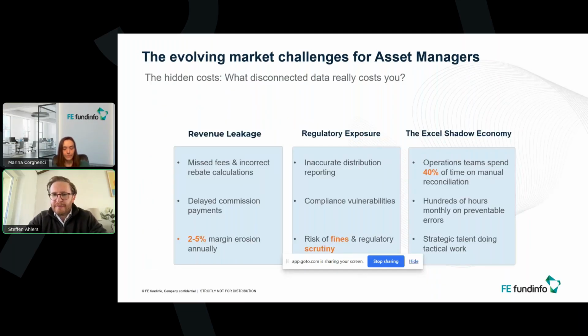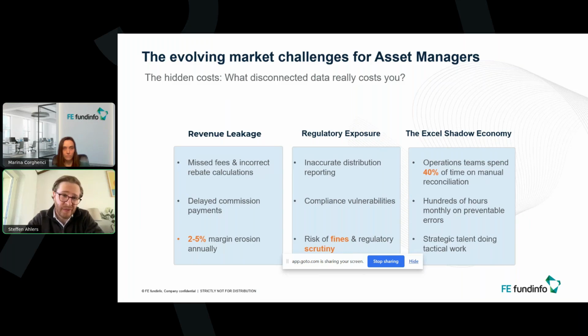And if we go to the next slide and drill this further down, there are, of course, not just challenges, but also actual costs and risks that you are running as an asset manager if you're not investing in a proper client book of record. The first and foremost that we can mention is, of course, revenue leakage.